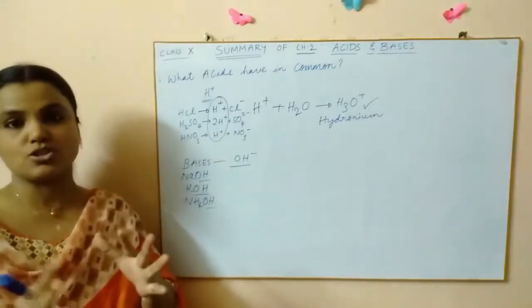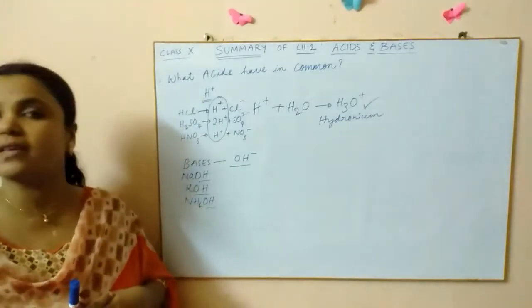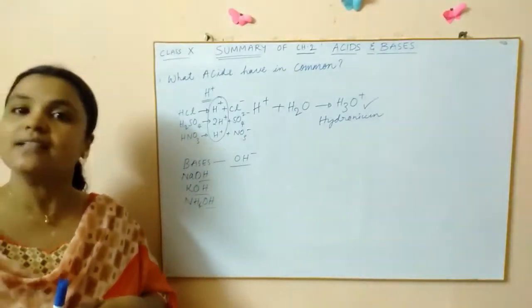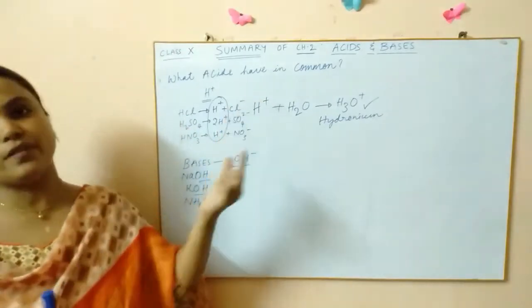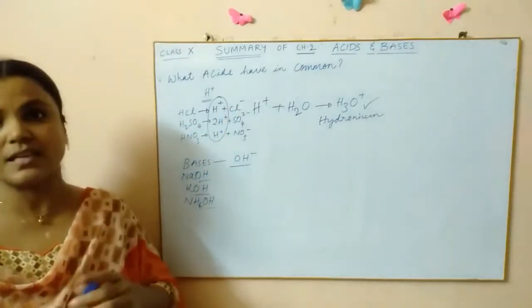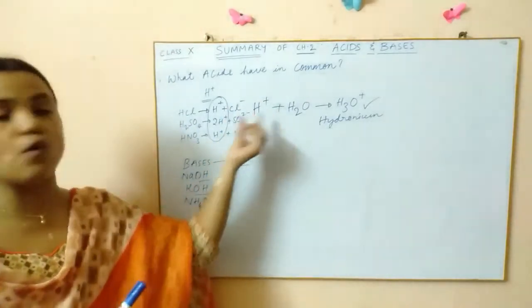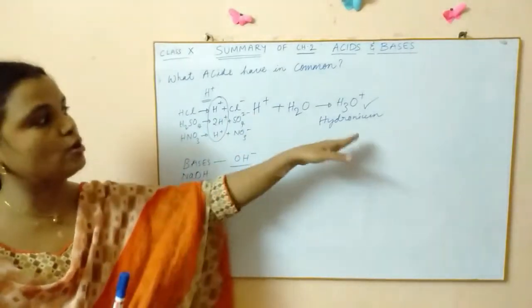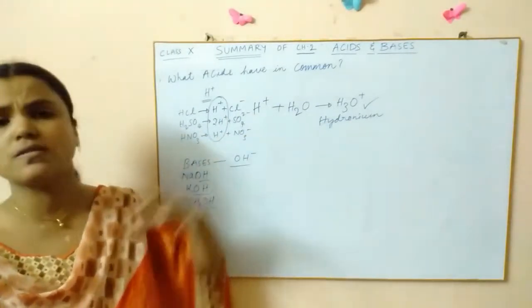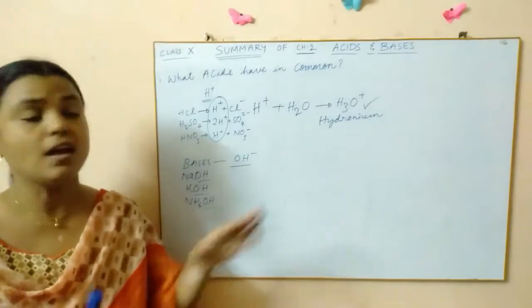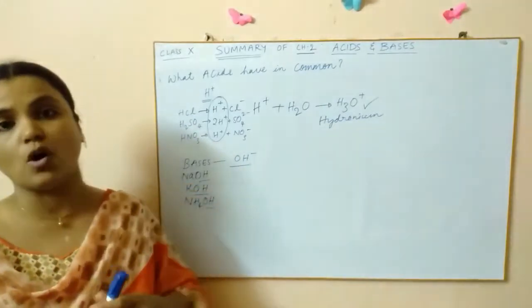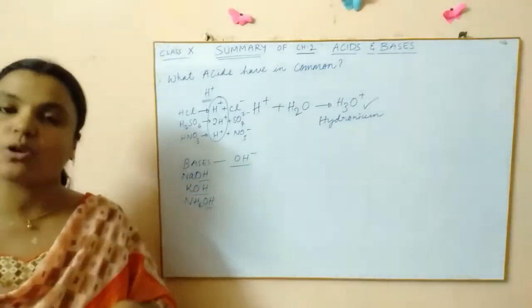Full dissociation of H+ does not happen there. That's the reason why a smaller amount of H+ ions is formed in the solution, and hence only a few hydronium ions are formed. That's why acidic properties are also less.